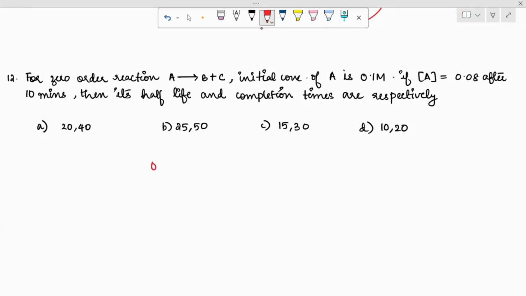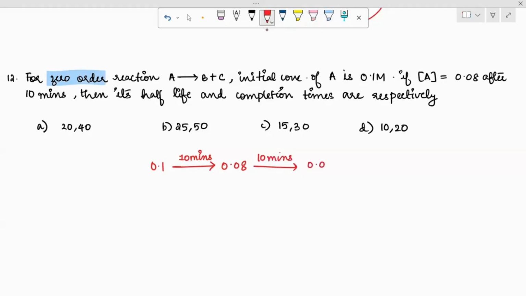So let's say that I started with 0.1. It says that to reach 0.08, it takes 10 minutes. And we know that for a zero order reaction, equal time will reduce equal amounts of the reactant. That is, in the next 10 minutes, we have discussed this in class.